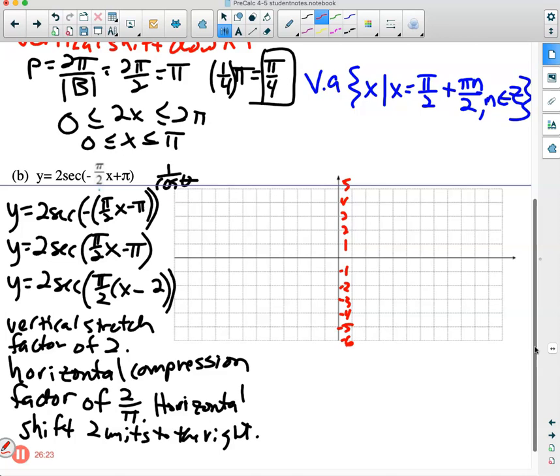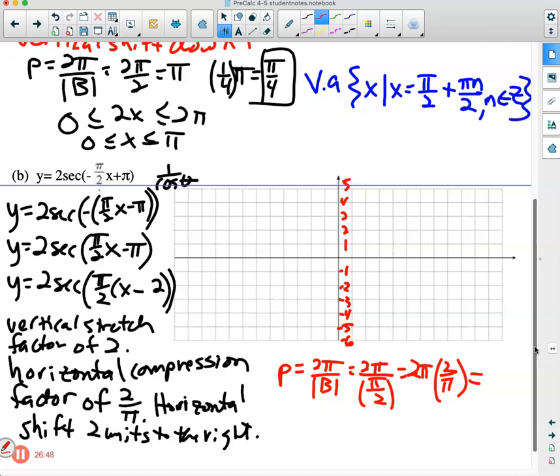And we need to figure out what we're going to do for intervals here. So secant, like cosine, has period 2 pi over the absolute value of b, and our b value was pi over 2. So we are going to have to multiply by the reciprocal. And this just feels weird.